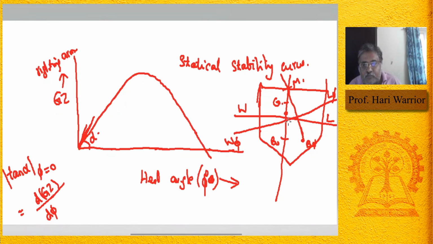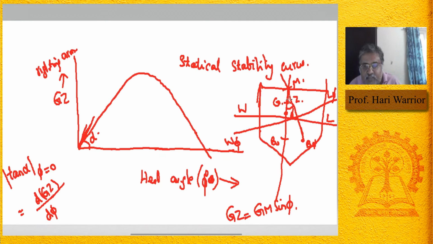Now from G, if I draw a perpendicular, this is Z. This is GM, and as you know, this angle is phi. So GZ is equal to GM sine phi. Just look at this.